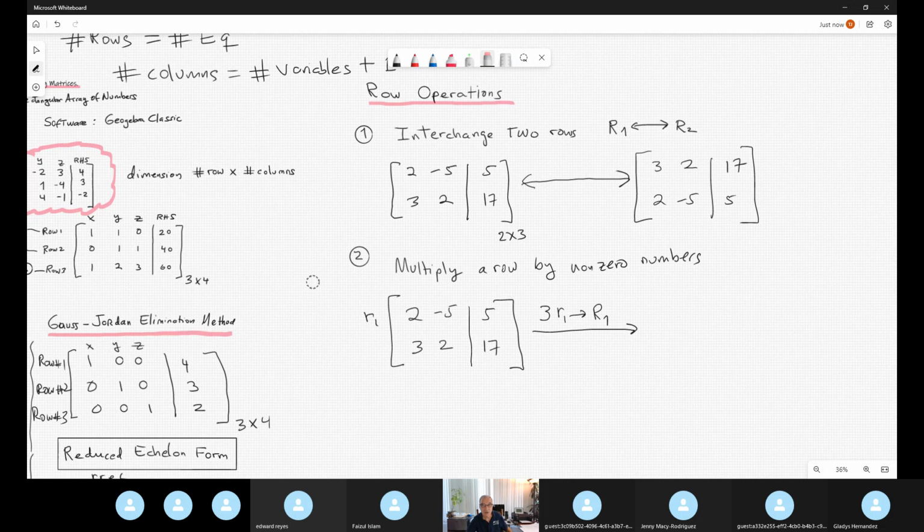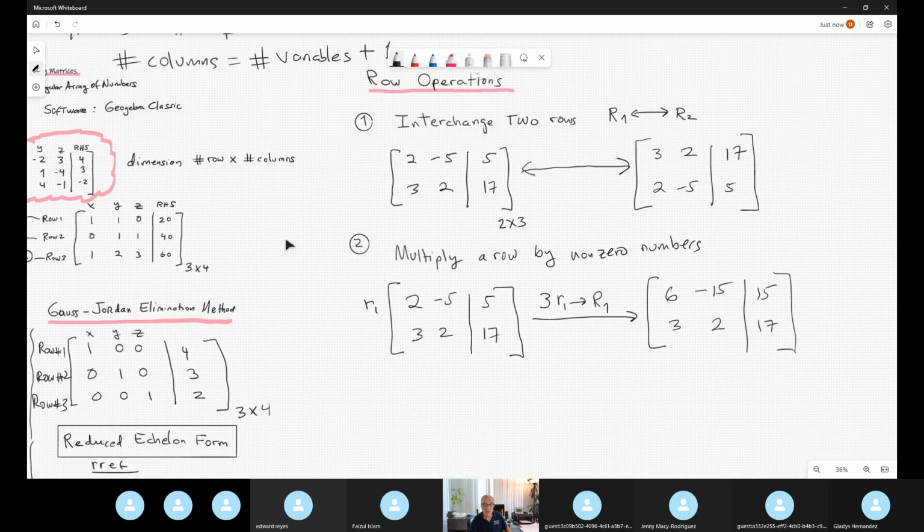When you multiply row 1 by 3, the entire row 1, we have 6, negative 15, 15 positive. And row 2 stays the same, because in the operation that we are doing, nothing happens to row 2. The only row that changes is row 1.